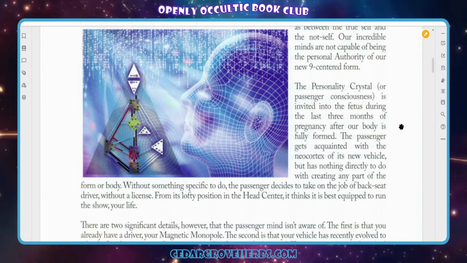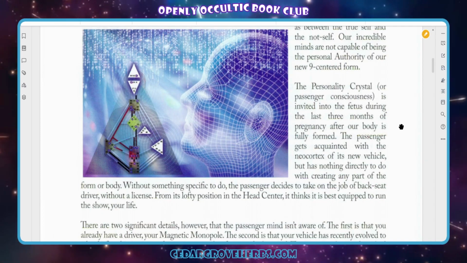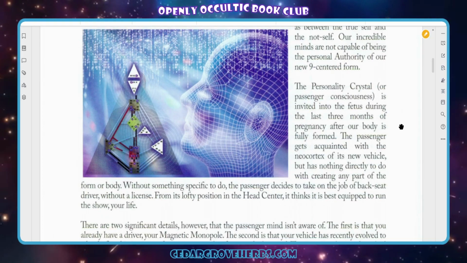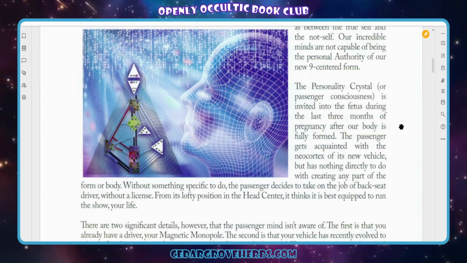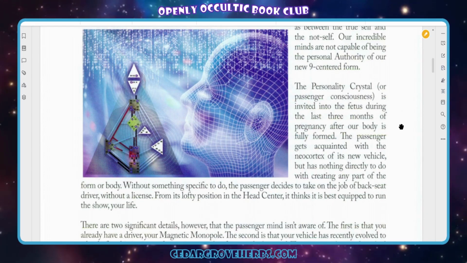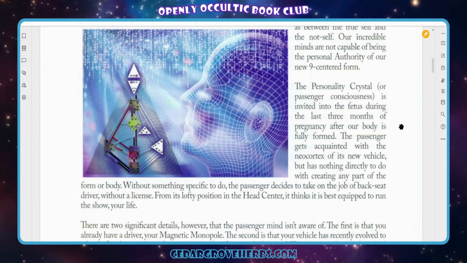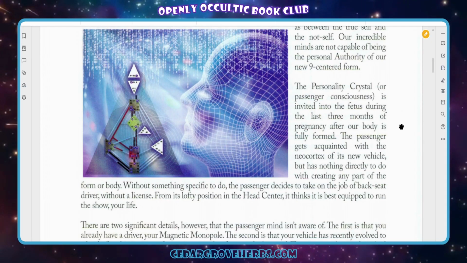So just some questions I have is, how does this personality crystal enter the body? But I do understand that the pineal gland is like a crystal. They describe it as a pine cone, but then they also talk about how it can be calcified and decalcified.